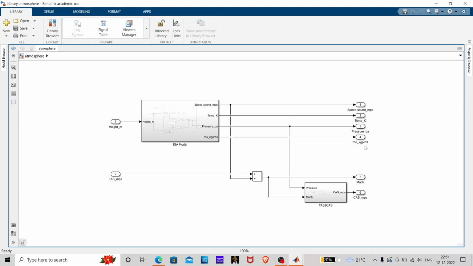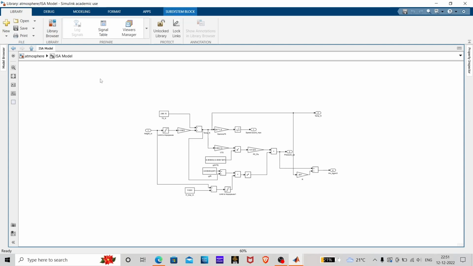These are the outputs of our model: one is the speed of sound at that certain height, the temperature with respect to that height, and the pressure and the density at the respective heights. This is the Mach number at which the aircraft is flying, and this is the calibrated airspeed.